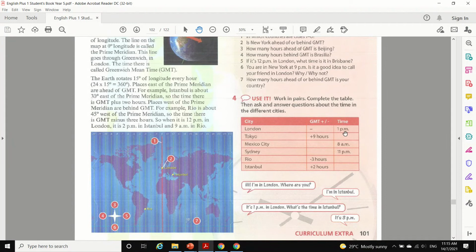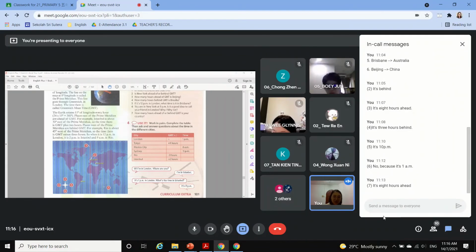We have to plus 9 hours. So 1, 2, 3, 4, 5, 6, 7, 8, 9, 10. Okay, 10. So now Tokyo is 10 p.m. 现在 Tokyo 是晚上10点。Okay, so you have to write it down. Tokyo is 10 p.m.